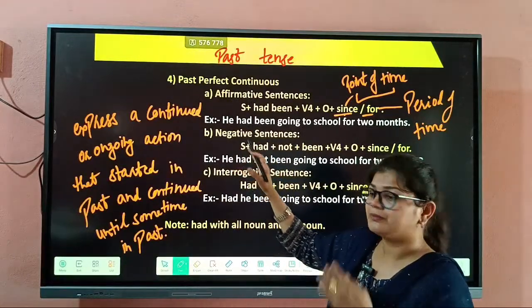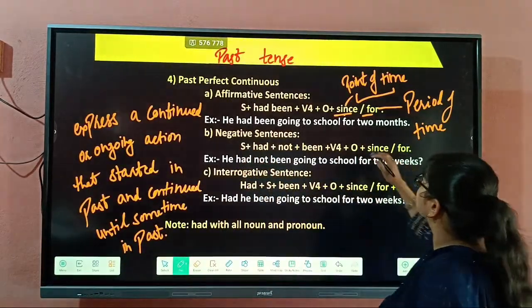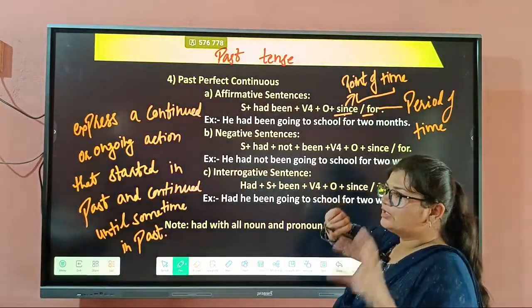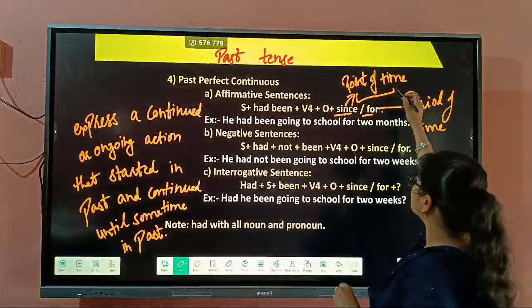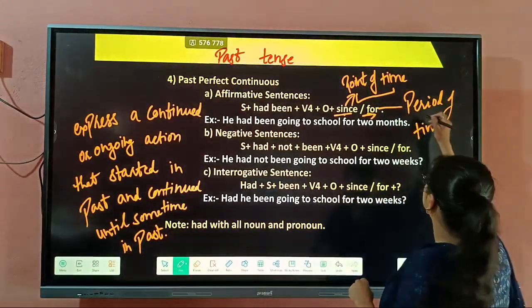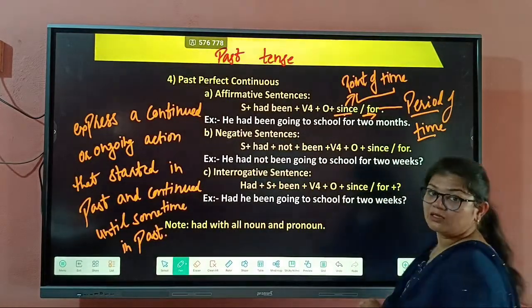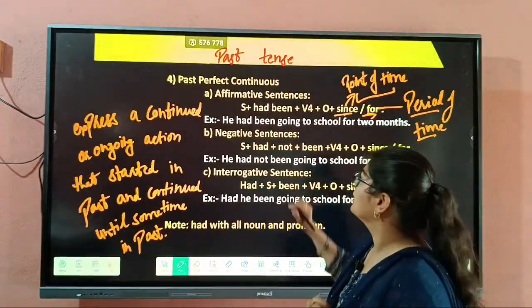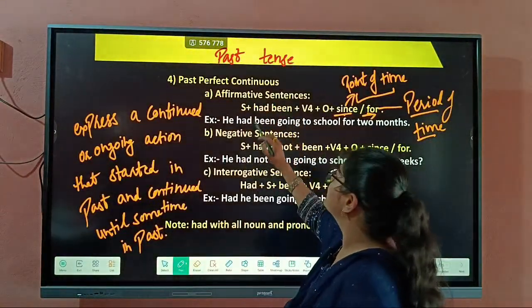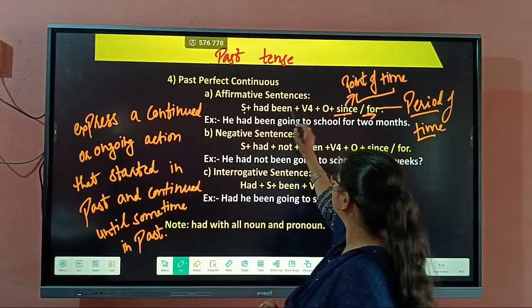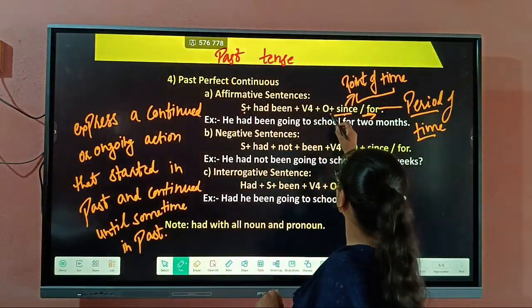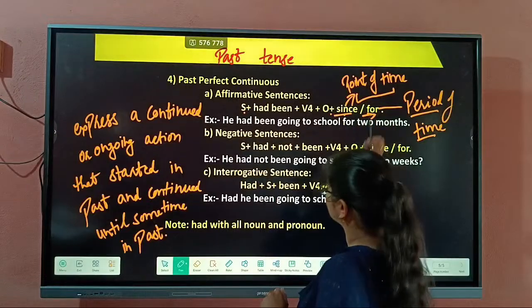Dear students, now since means a work happened from a point of time, and for means a work done over a period of time. Dear students, now past perfect continuous, affirmative sentences: subject plus had been plus verb's first form plus ing plus object plus since or for and full stop.